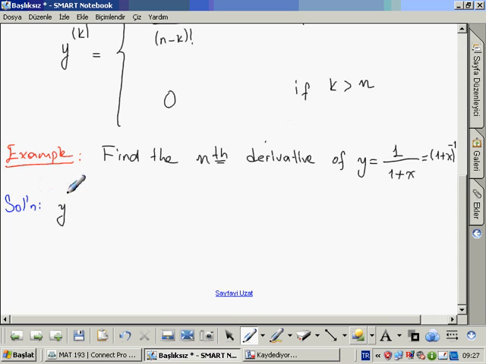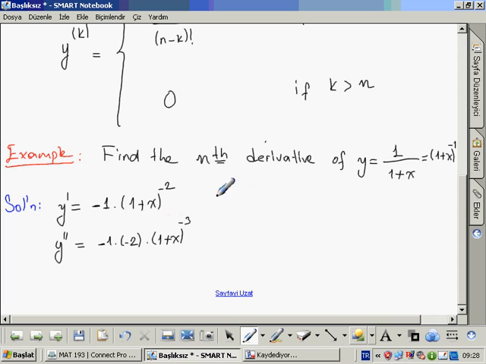First we know that y prime equals minus 1 times 1 plus x to the power of minus 2, and after that y double prime equals minus 1 times minus 2 times 1 plus x to the power of minus 3.